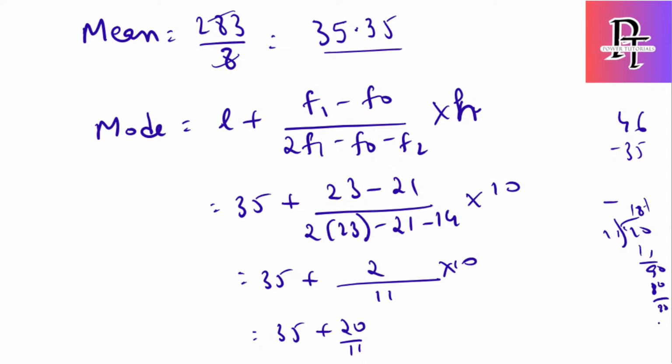So it is 1.8. So 35 plus 1.8, the answer will be 36.8 is the mode value.